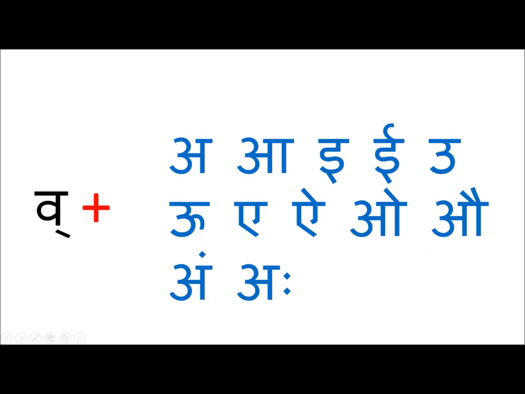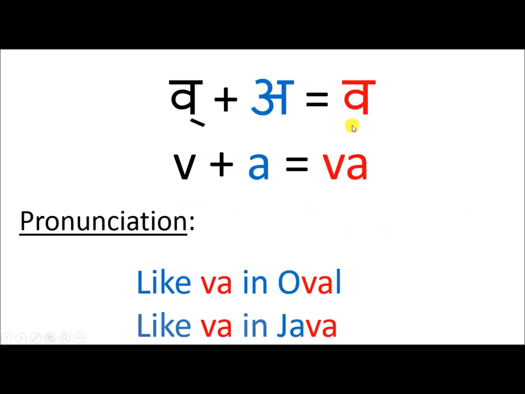Okay, so let us start with the first sound, V. You get this sound V when you add V to A. V plus A equal to V. V is pronounced like VA in oval, O-V-L, oval, and like VA in Java.